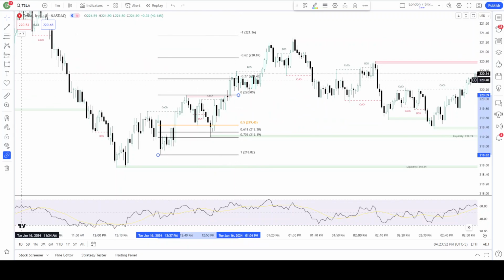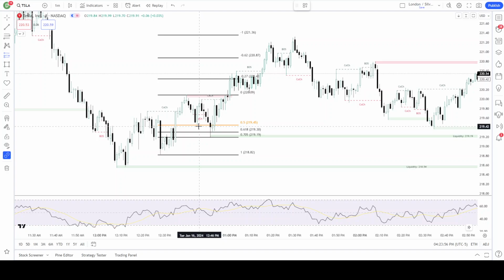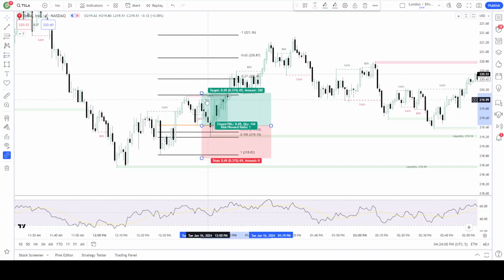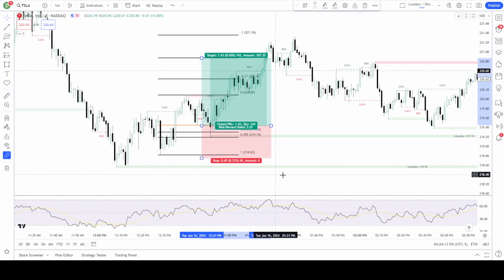Our target was a 2-to-1. I'll tell you where my entry was. My entry was in this dip here. I did not get this one here. So if you look at the 2-to-1 on the low here, our 2-to-1 was just below, something like that.